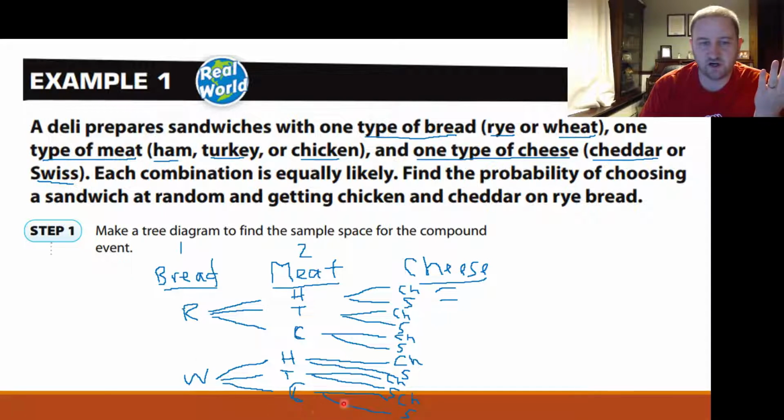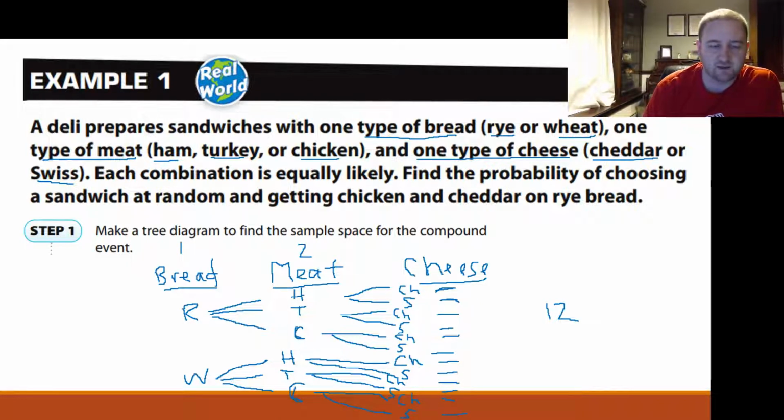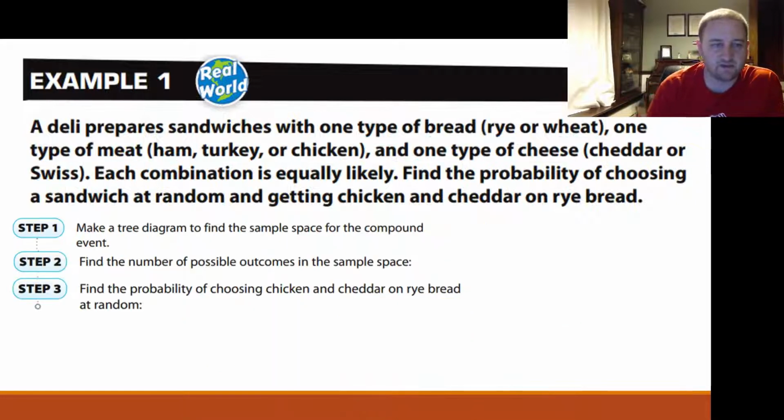Wheat with chicken and cheddar is the 11th outcome, and then wheat with chicken and Swiss is the 12th outcome. Now, just to make sure I did that correctly, we've got 1, 2, 3, 4, 5, 6, 7, 8, 9, 10, 11, 12 possible outcomes, right? So our sample space is all these possible outcomes that we could list.